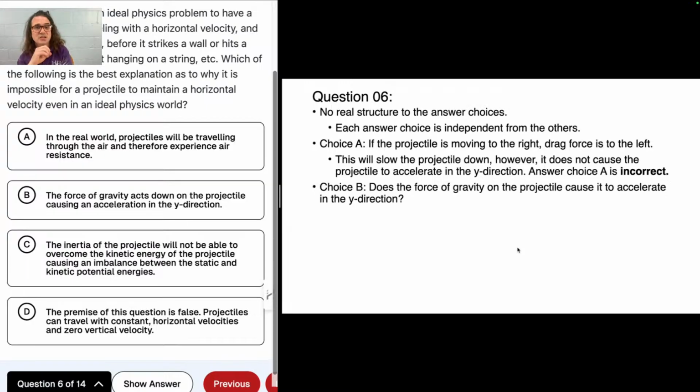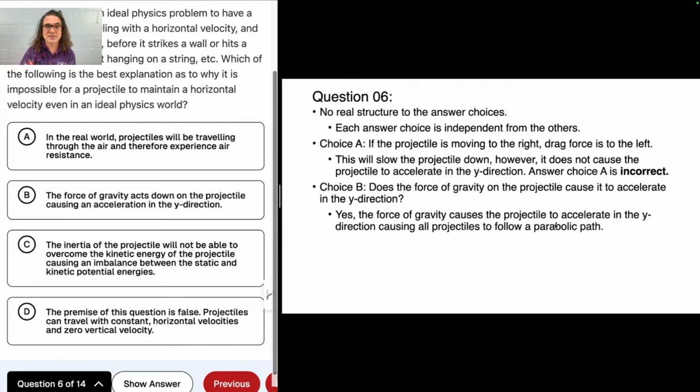Answer choice B, does the force of gravity on the projectile cause it to accelerate in the y direction? Class, that is a question for you. Yes, the force of gravity causes it to accelerate in the y direction.